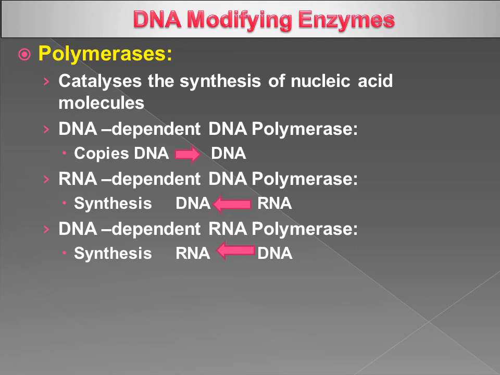The second is RNA dependent DNA polymerase. It is nothing but the reverse transcriptase, right? That synthesizes DNA from RNA. The third one is DNA dependent RNA polymerase that produces RNA from DNA. So this is all about the polymerases.